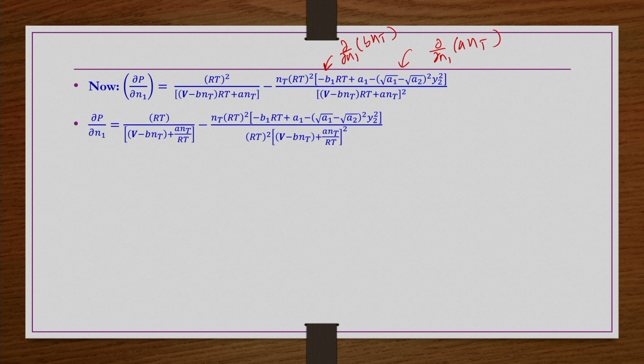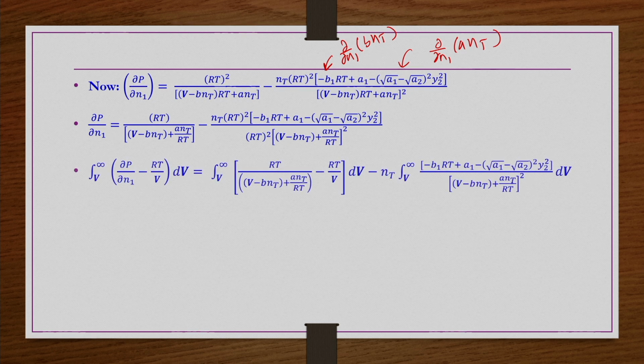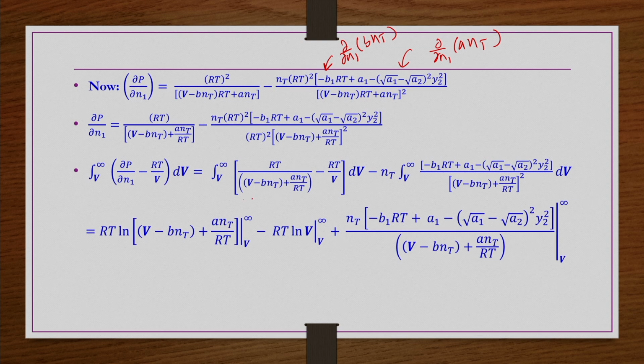Then further if you rearrange these terms and then integrate, the integration of this term is nothing but ln of the same term, then integration of 1 by v is ln v, and then integration of this term is nothing but this particular same term, because all this B1, A1, A2, Y2, B, etc., except this particular denominator term, in the numerator everything is constant.